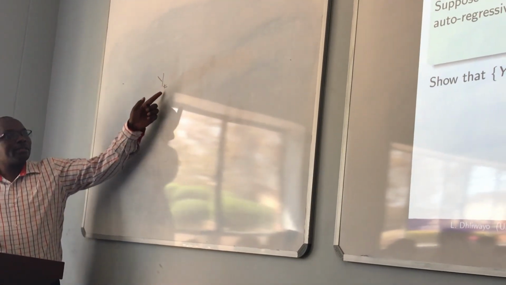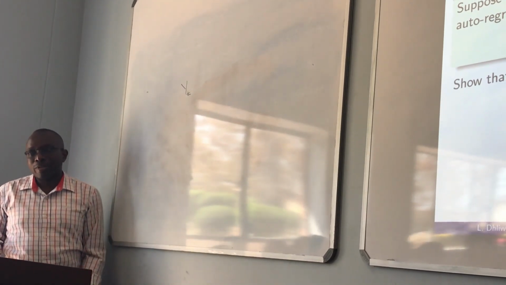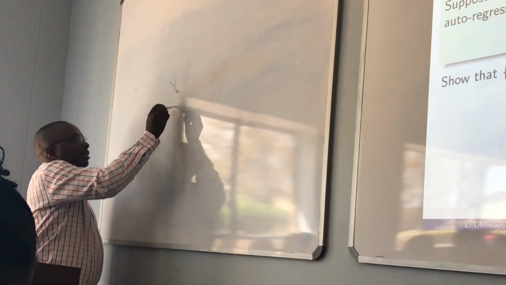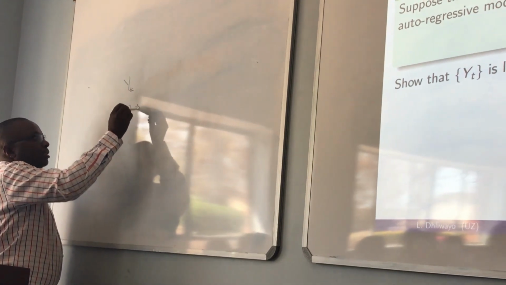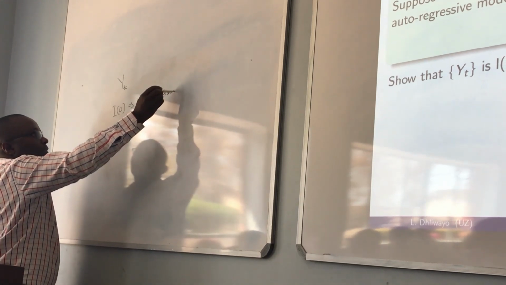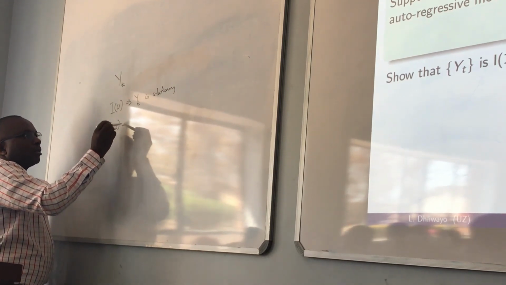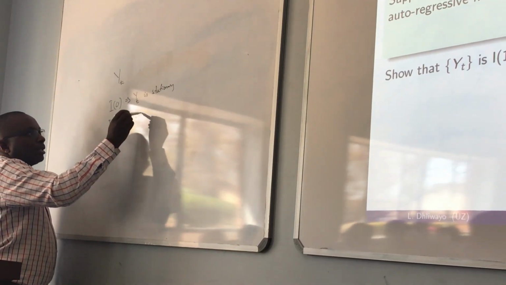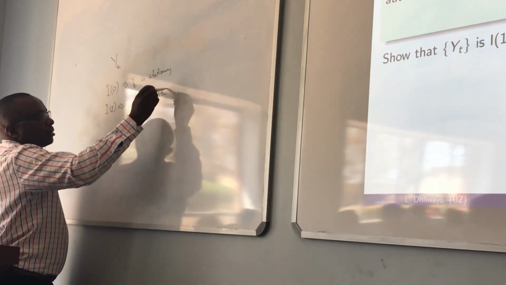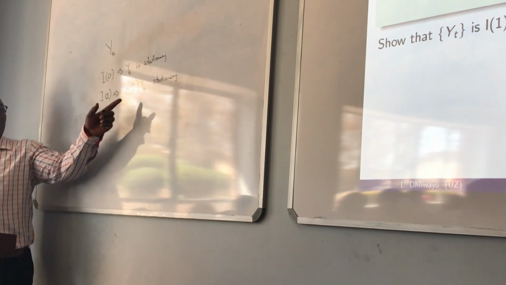So now, we can difference this series once, or 2 times, or 3 times, depending. Okay? So we can have I(0). It implies that Yt is stationary. And we can have I(1). This implies that we have to difference Yt once. That means we are differencing Yt once.